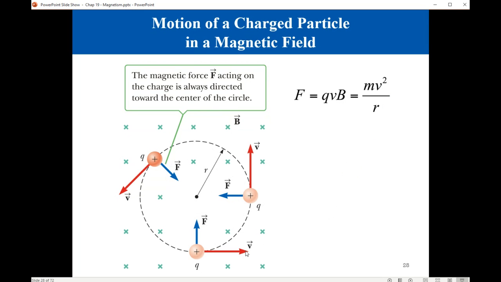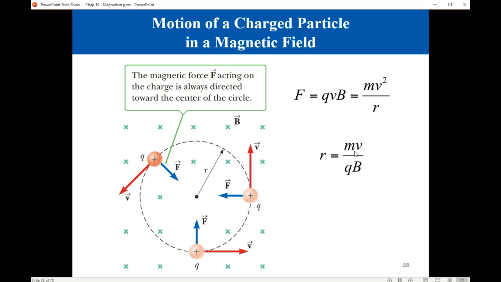Sine of 90 is 1. So we have qvB equals mv squared over r. We can solve this equation for r. It is equal to mv divided by qB. So the radius of the circular orbit is governed by this equation.